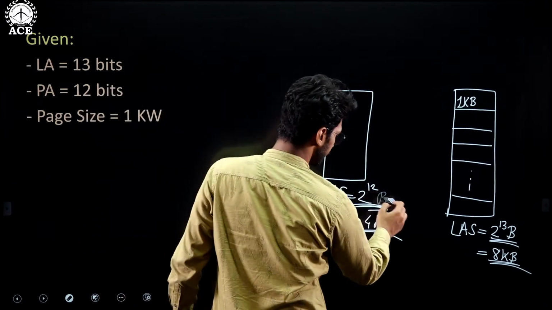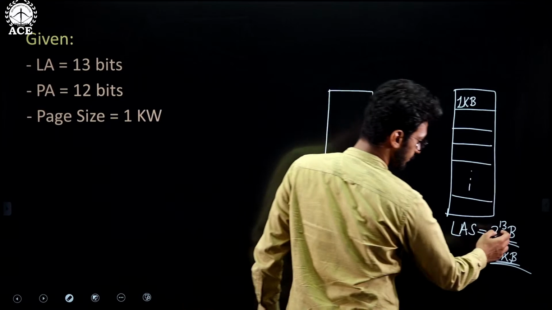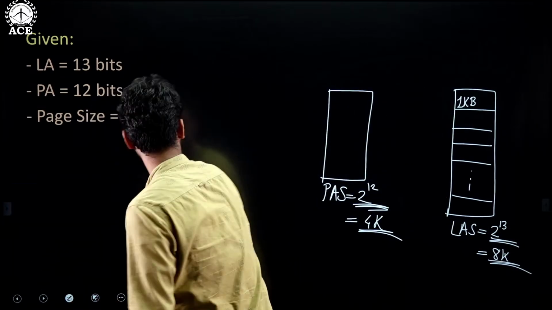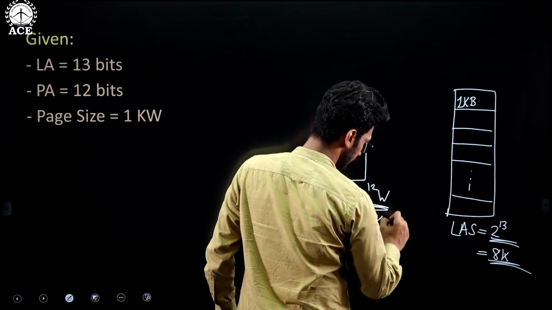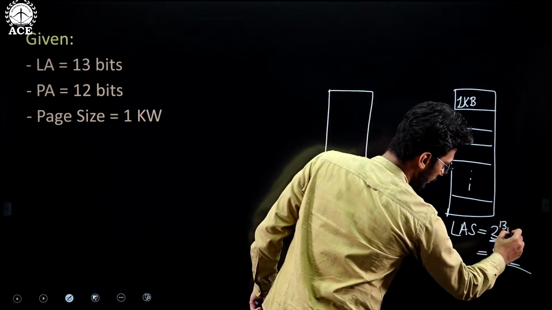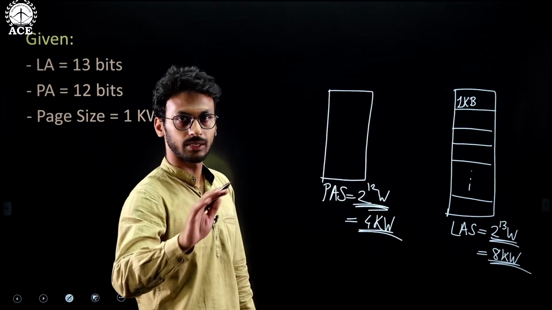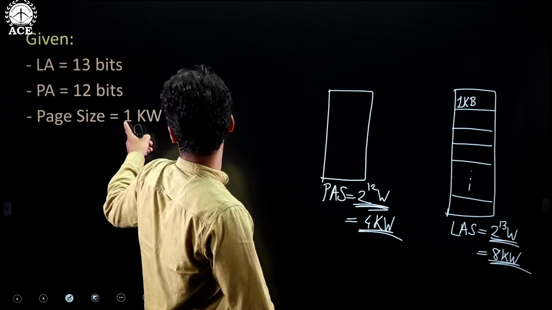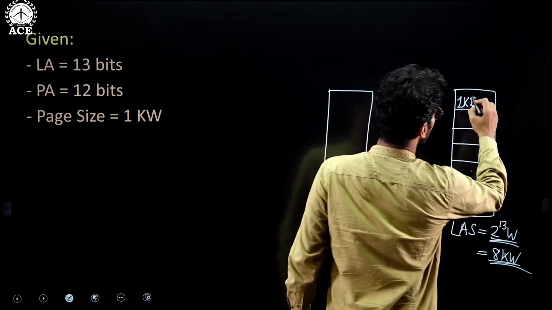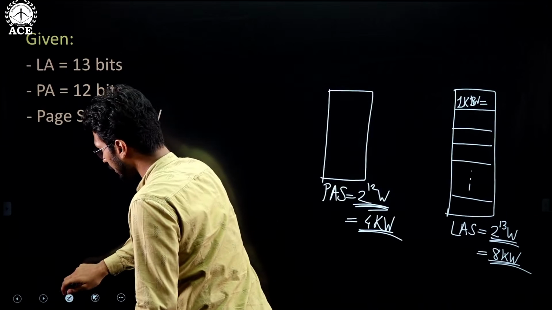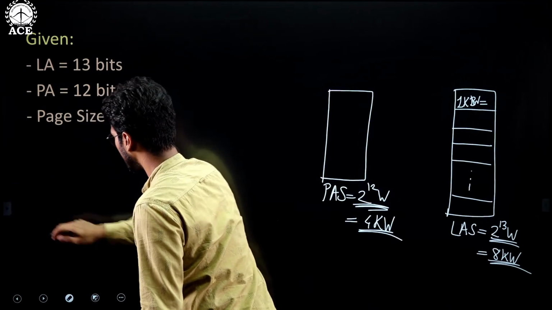I didn't see that word. Just a slight correction: word. So please be careful while solving problems. 1 kilo, this is word, not byte. 1 kilo word means 2 raised to how much? Eraser.